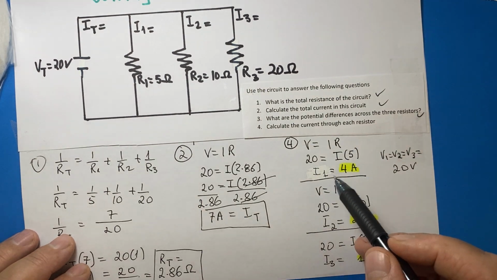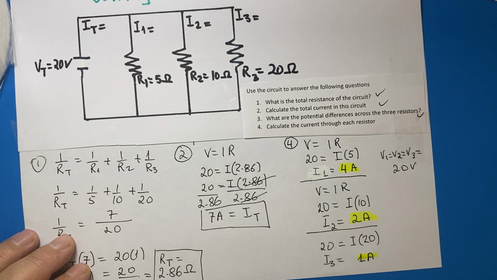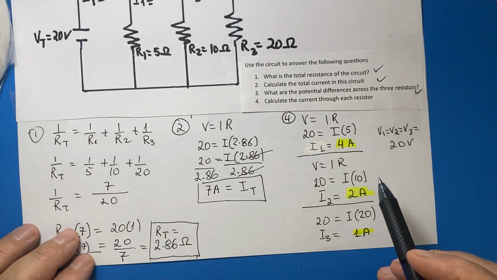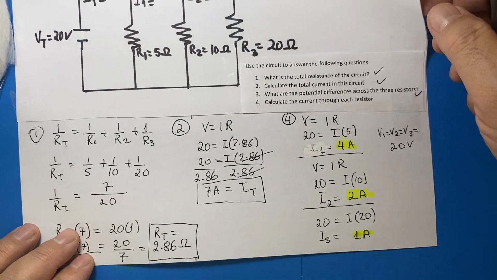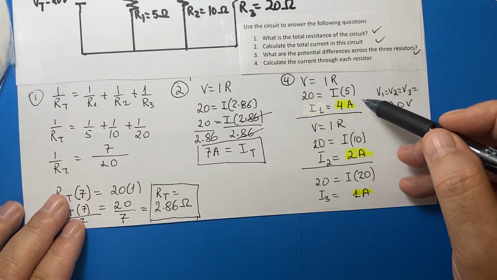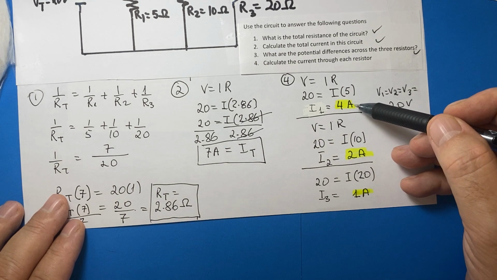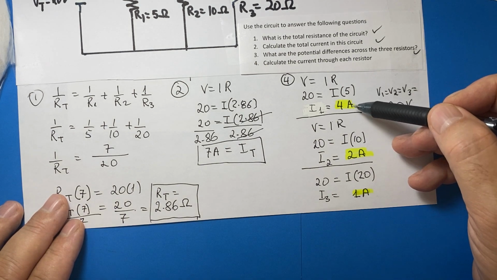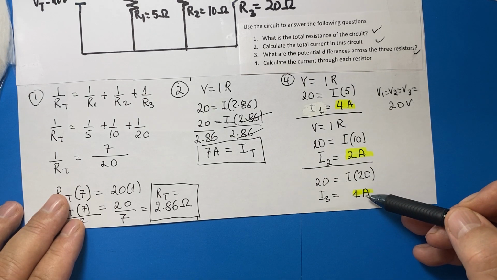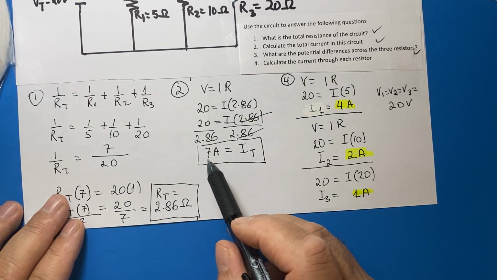You calculate and you get the current is 4 amperes. For the second one, the same formula, 20 equals I times 10, and I2 is 2 amperes. For the third one, I3 is 1 ampere. Now, when you add up, you have to get 7: 4 plus 2 is 6, plus 1 is 7. So total current is 7, and we found 7 here.